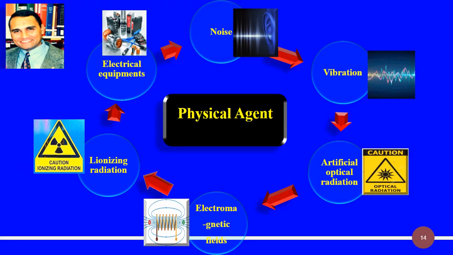Physical agents such as noise, the vibration produced by different instruments, artificial optical radiation from different chemicals or systems, electromagnetic fields coming from or during some experiments, ionizing radiation, and electrical equipment.